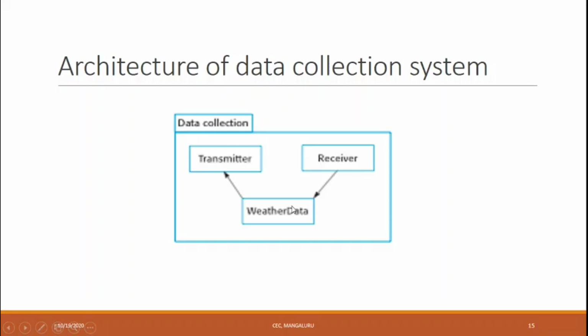So this shows the producer-consumer pattern. The transmitter transmits the data from the weather station.